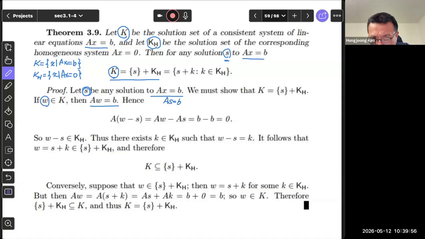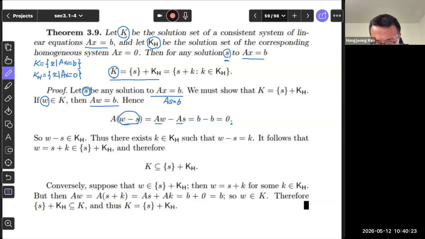So A times (W minus S) will be AW minus AS, and AW and AS are both B vectors, so their difference is 0. That means W minus S is one of the solutions for the homogeneous problem, because when A is multiplied to W minus S, you get 0.